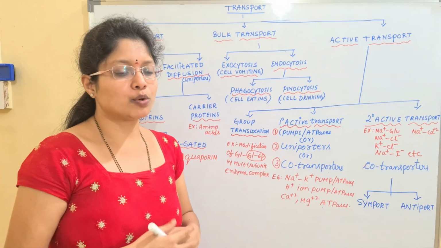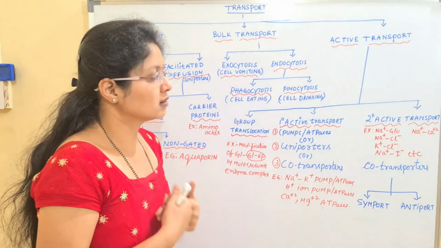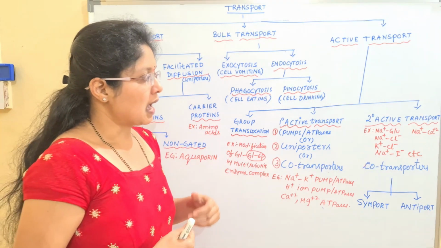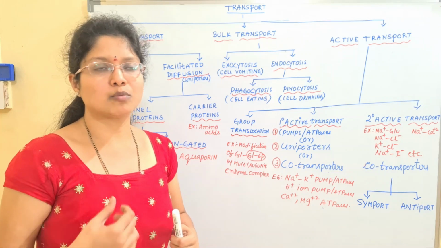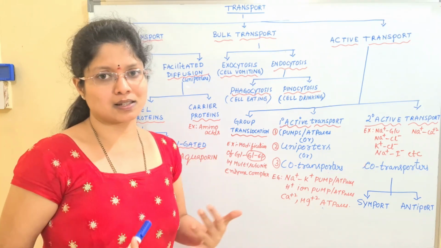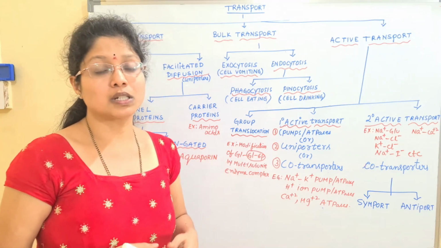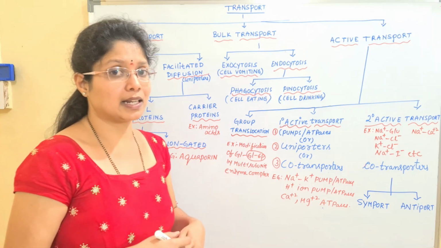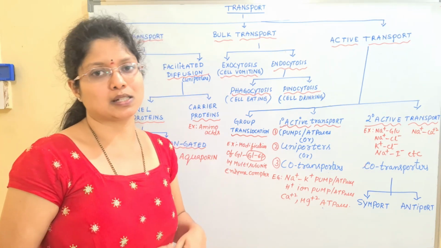Any one molecule in the coupled system will be supported by the other molecule. And how is it supported? One of the molecules moves downhill, and the other molecule shows the uphill movement. The uphill movement requires extra energy, and this extra energy is sourced not from the cellular currency, that is ATP, but from the companion molecule which is always present with it.